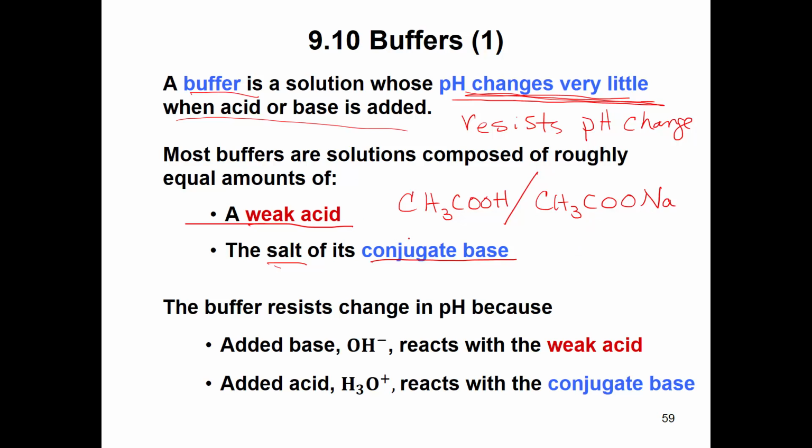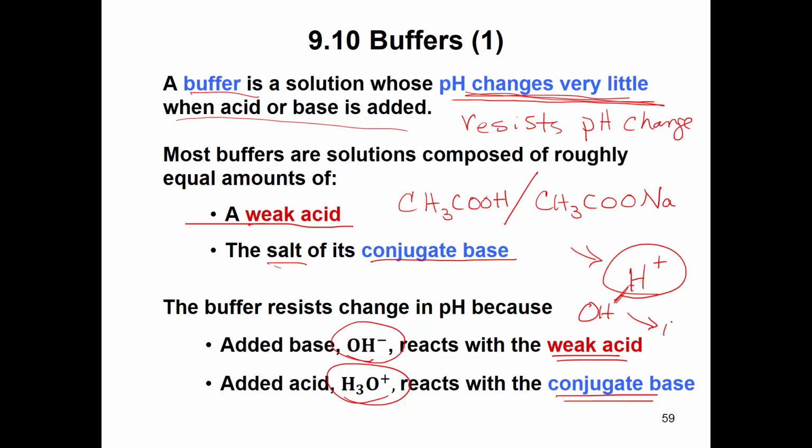A buffer resists changes because the added base reacts with the weak acid and the added hydronium reacts with the conjugate base. If you're giving off protons because you added acid, then you've got something there that's going to attach to that and make water.